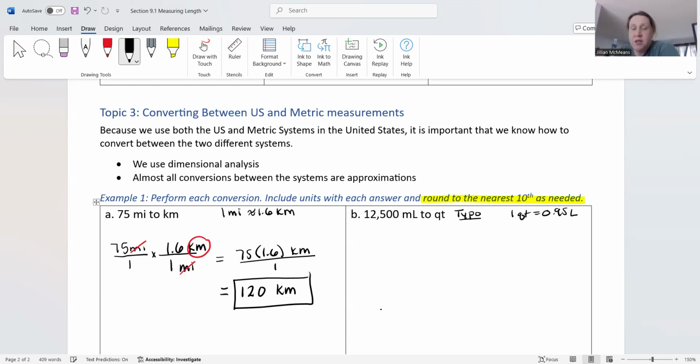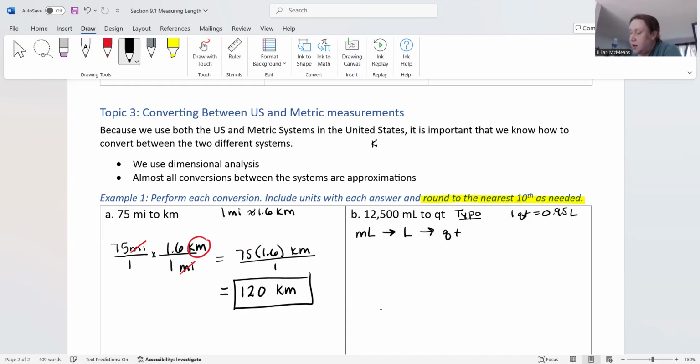The issue is we're starting with milliliters. So what we want to do is take milliliters, convert them to just plain old liters, and then from liters, we can go directly to quarts. Now we already know the metric system for length. Remember the basic unit for length is a meter. Nothing changes. It's the exact same process, except now we're going to have a liter instead of a meter.